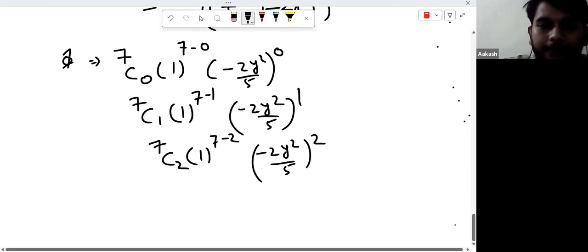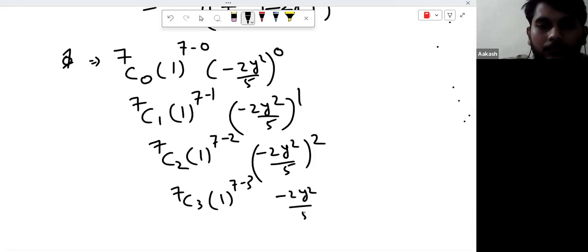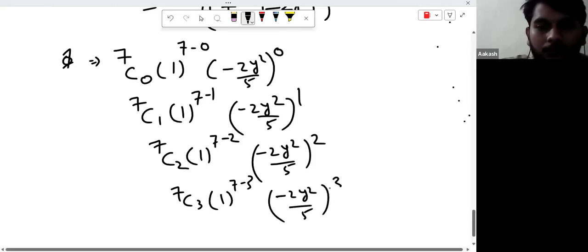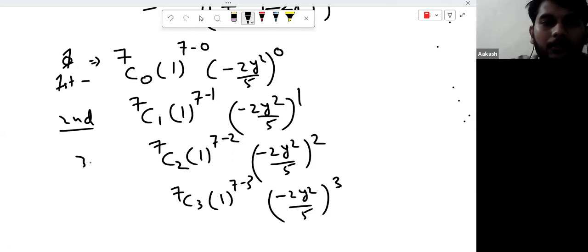And next one, 7C3, 1 to the power 7 minus 3, minus 2y square by 5 to the power 3. So you got 4 terms, right? This is first, second, third, and fourth.